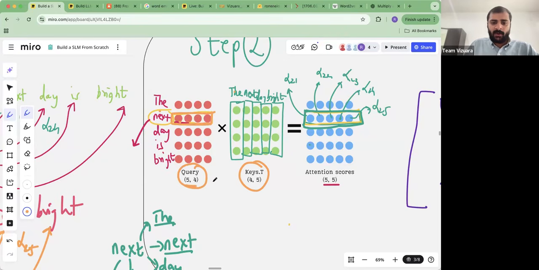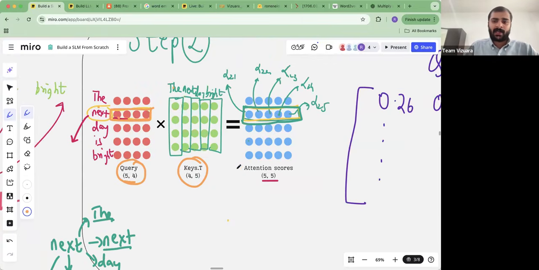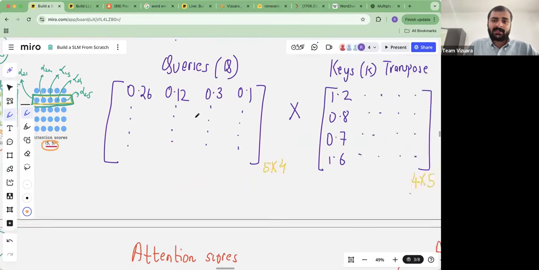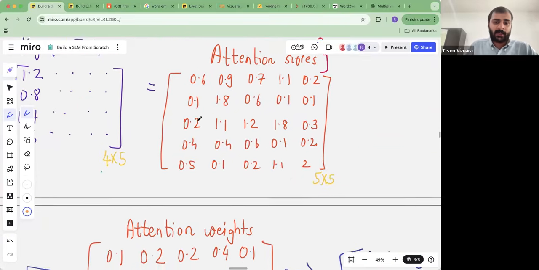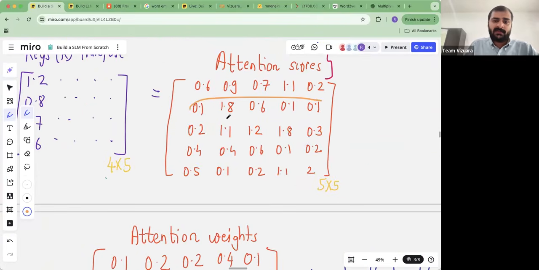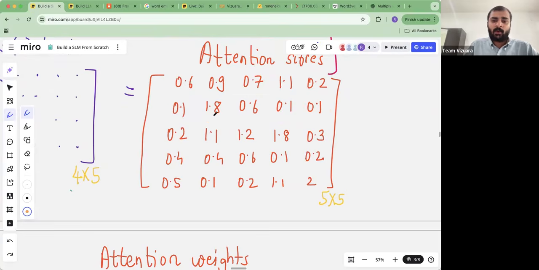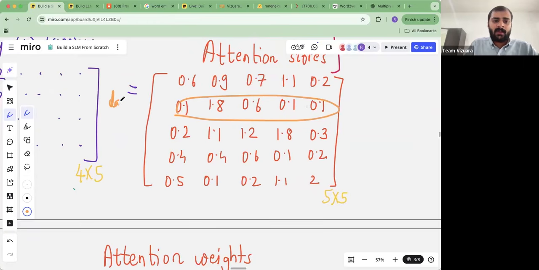So queries is 5 by 4 and keys transpose is 4 by 5. So when you multiply queries with keys transpose, you get the attention scores matrix, which is a 5 by 5 matrix. And this matrix is extremely crucial because it conveys a very important thing. If you look at every row of this matrix, it means something now. The second row signifies how much attention I should pay to all the other tokens when I'm looking at next.